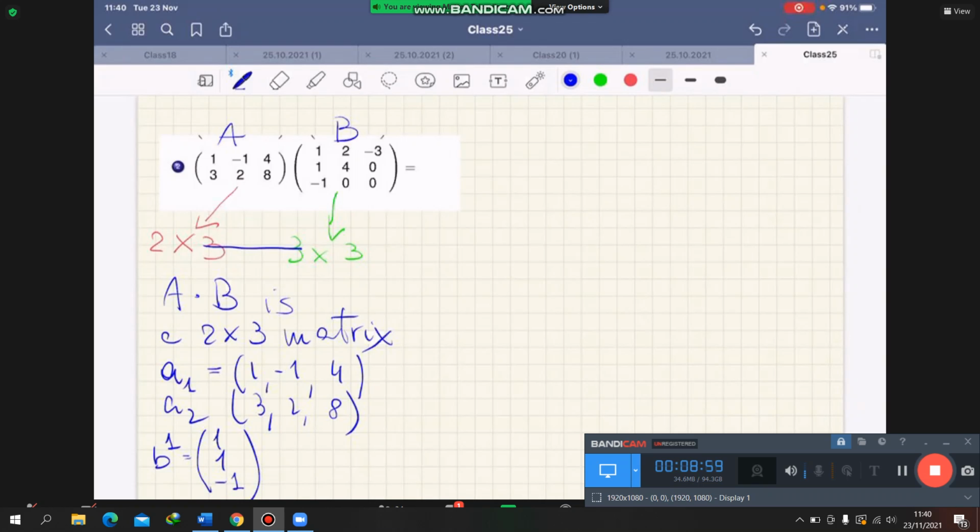In some sense, vectors are matrices. You can represent them as a row matrix, a 1 by 3 in this case, or a column vector can be seen as a 3 by 1 matrix.